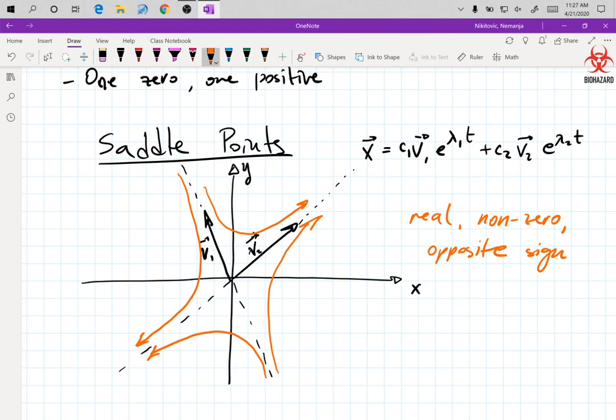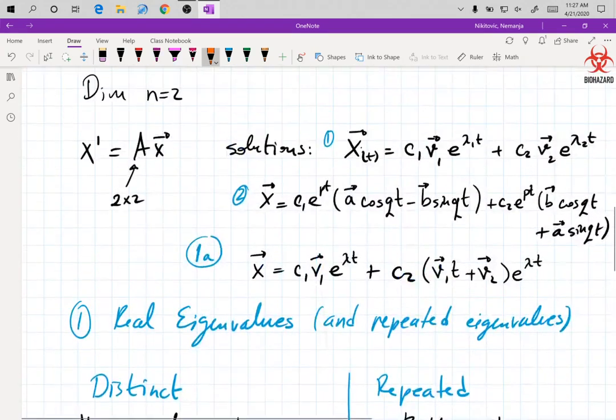So the orange are your solutions, right? And you see a lot of curves here, right? Is this a function? Well, remember, your solution to a differential equation is not necessarily a function, right? Because if you remember, you can have an implicit solution.